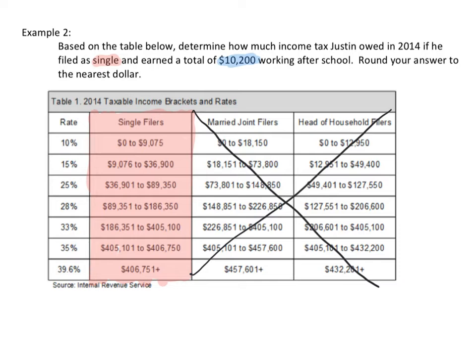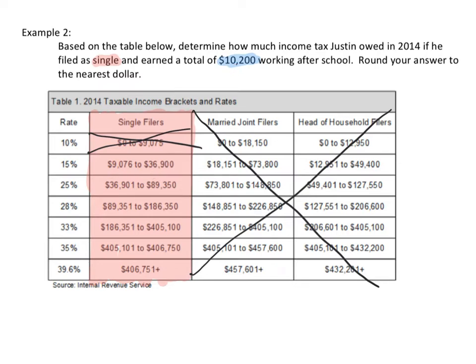Now it says that he earned a total of $10,200. So in this range right here, I need to find where $10,200 would fit. I look at this first one, 0 to 9,000. Well, 10,000 is more, so this one is not it. I look at the second one, 9,000 to 36,000.